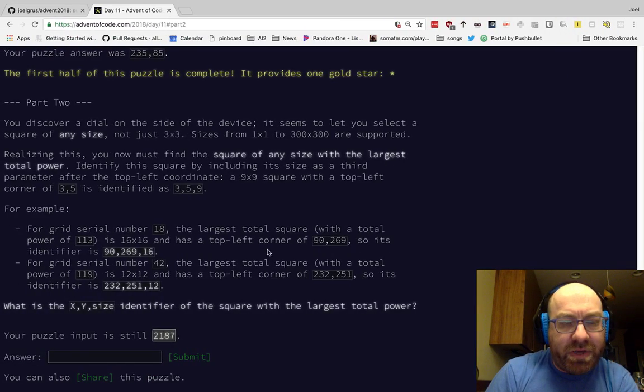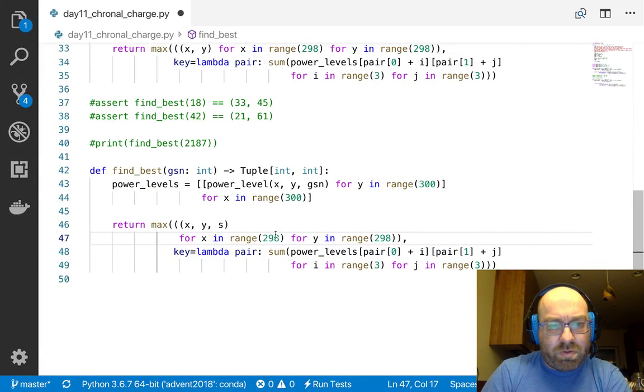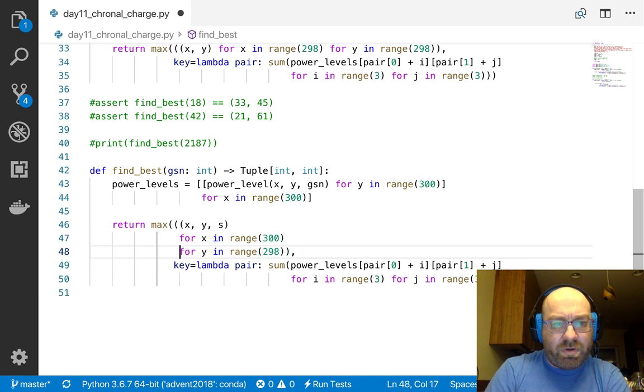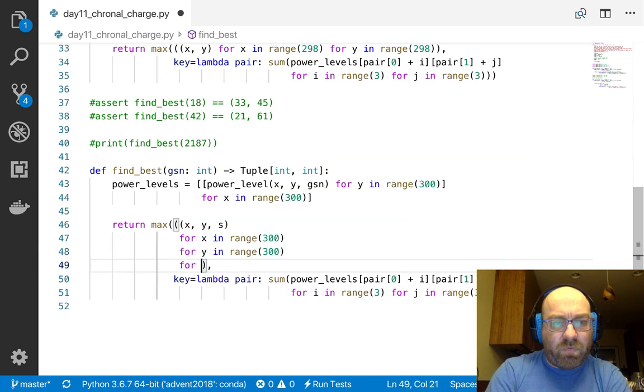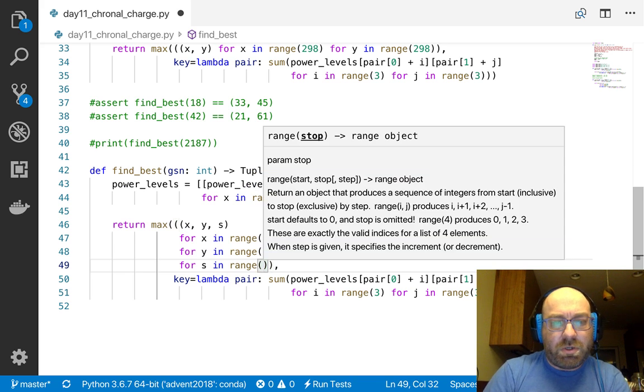And so now the square can be any size, right? 1 to 1. So x in range 300, for y in range 300, and for s in range.